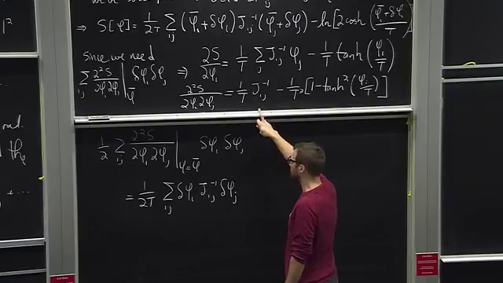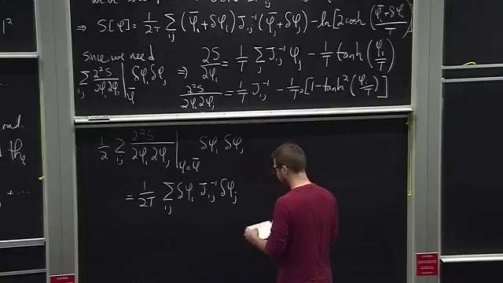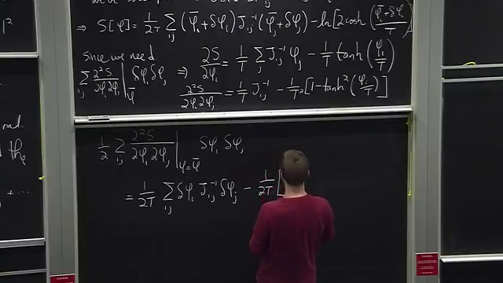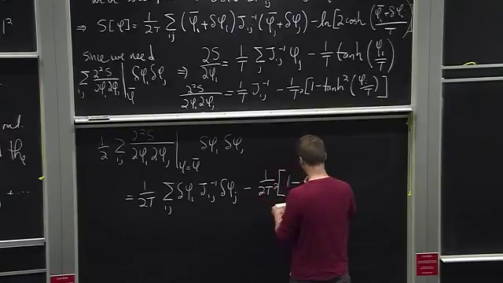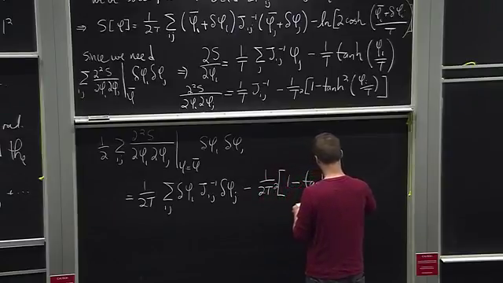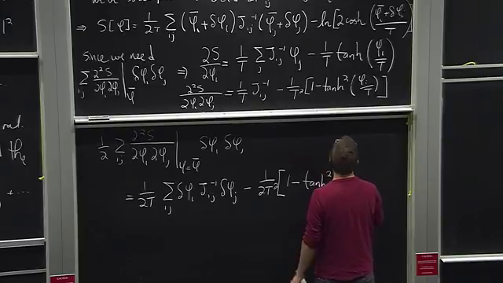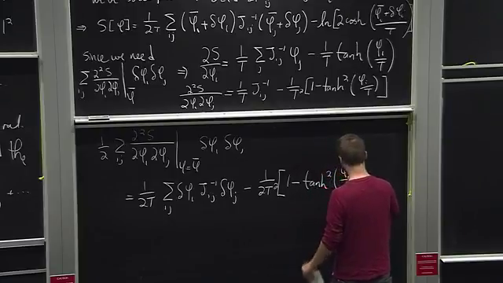There's my first term. Minus 1/2T squared, 1 minus tanh squared. I'm evaluating at phi equals phi bar. So whenever I see this field, let me just put in phi bar.